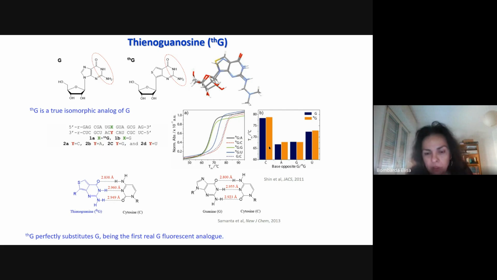And normally when you modify the sequence, you decrease the melting temperature. And here, as you can see comparing the black and the orange line, the melting temperature as a function of the opposite base is practically the same between the natural guanine and the modified guanine.